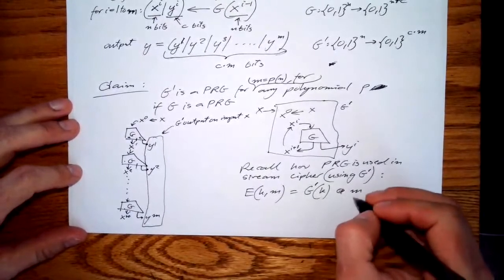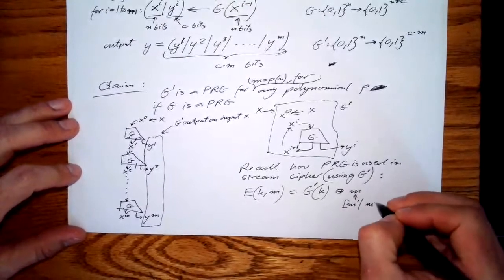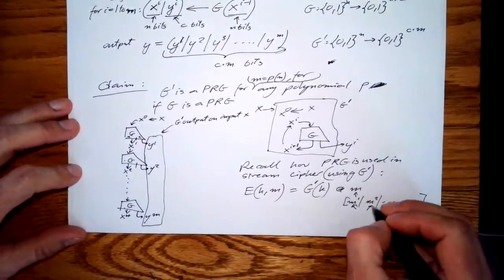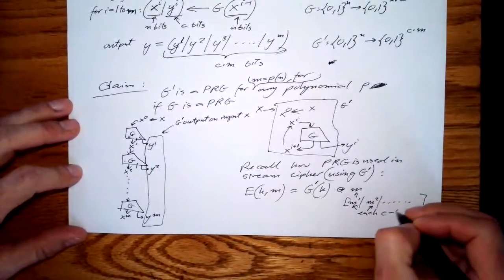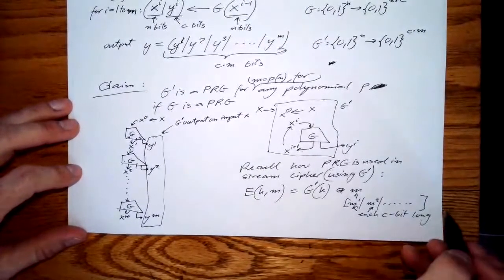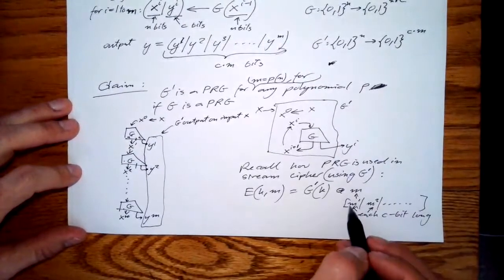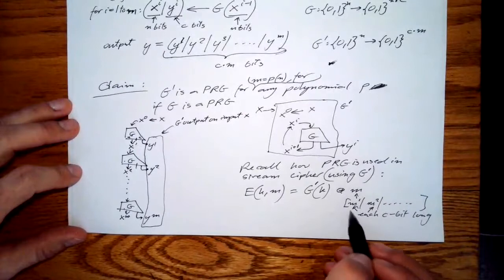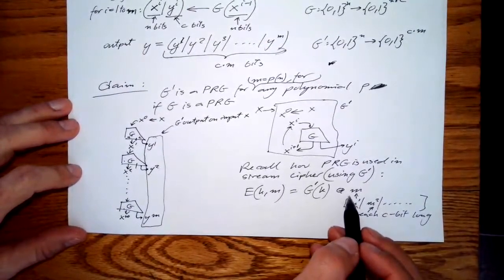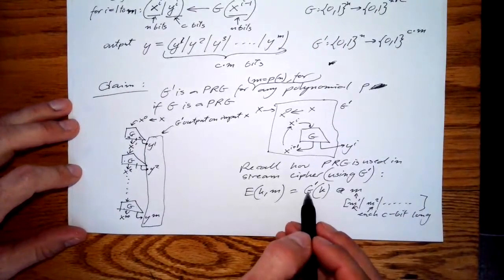If M is subdivided into chunks like this, M1, M2, and each of them C bits long, which is natural, because data sources occur in some chunks, like disk segments, or whatever chunks of transmission that you're processing by encrypting it.